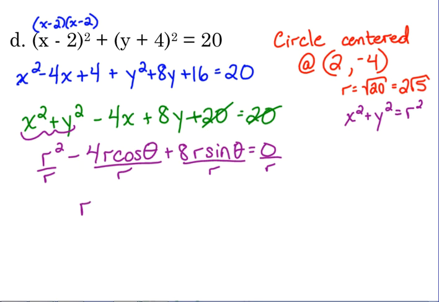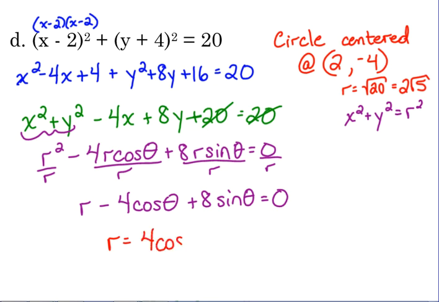So we're almost there. We've got r minus 4 cosine of theta plus 8 sine of theta is equal to 0. If we solve for r, that means we move the cosine and the sine to the other side. So we've got r equals 4 cosine of theta minus 8 sine of theta.